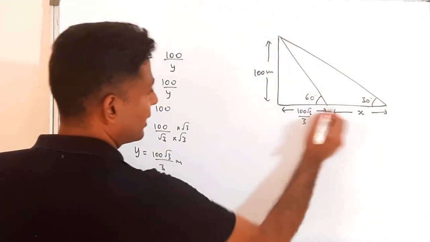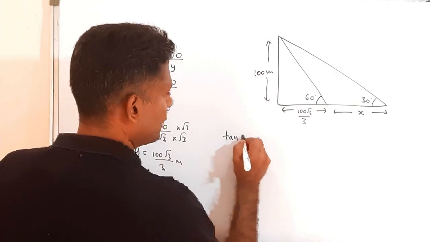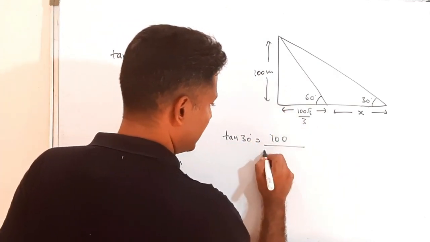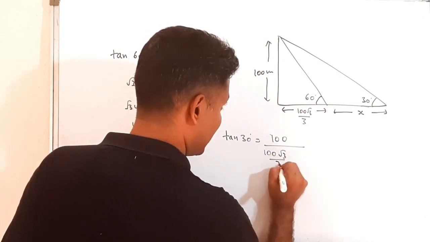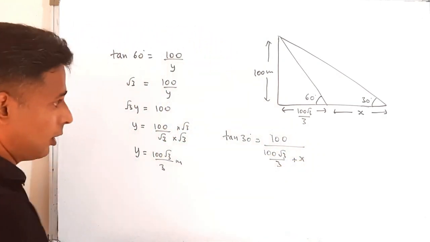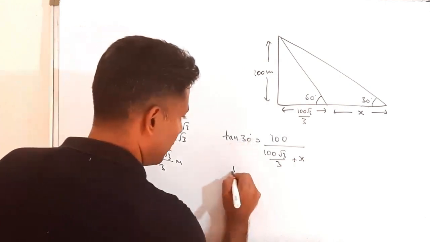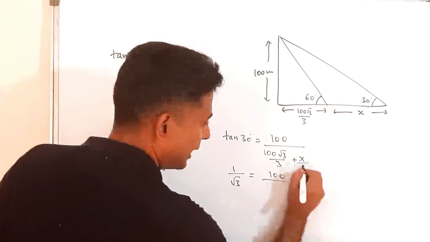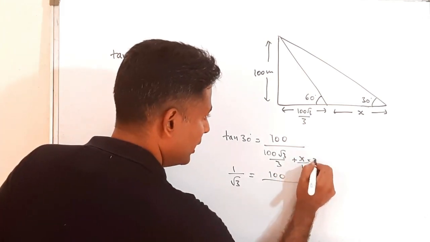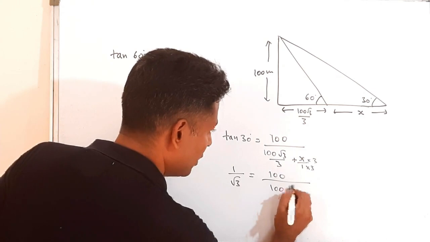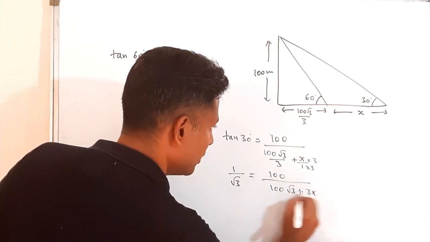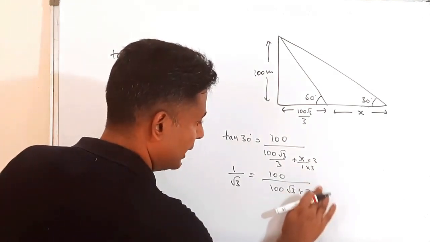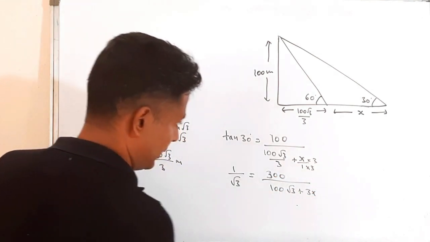So we got this as 100 root 3 by 3. Now taking this entire triangle, we get tan 30 degrees equal to opposite, that is 100, by adjacent, that is 100 root 3 by 3 plus x. Alright. So now tan 30 is 1 by root 3 equal to 100 by, now here I have to take the LCM, so by 1 into 3 into 3. So I get 100 root 3 plus 3x by 3. Now this 3 will go up, so it becomes 3 into 100, 300, right?